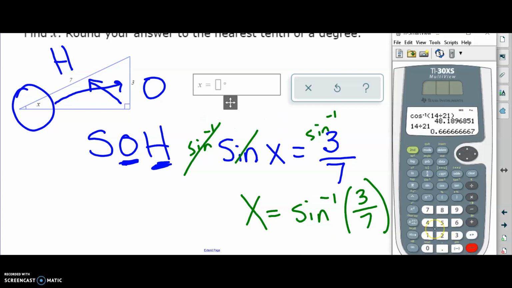Okay. So if you're doing it on your cell phone, you type the 3 divided by 7 first. Okay, and then the second button, and then the sine with the little -1. Okay, it's called the inverse. If you have a calculator, we do second sine so that it gets up that little -1, and then just 3 divided by 7.